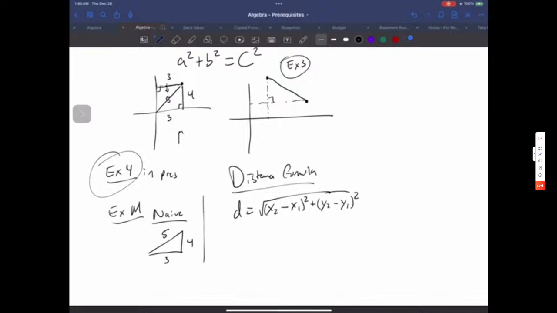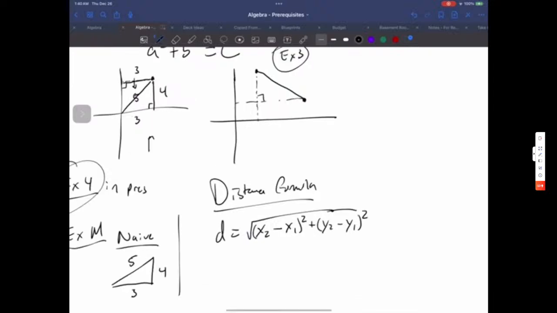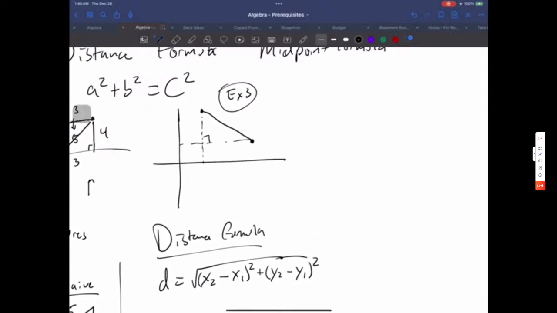And why does this work? Remember that these are the directed distances from these axes. So, for example, in this equation, we're going to call this point x1, y1, and we're going to call this x2, y2. Just two random arbitrary points in the plane.